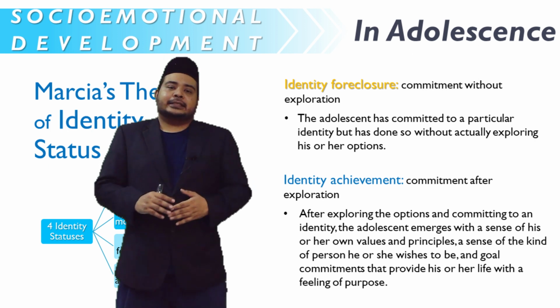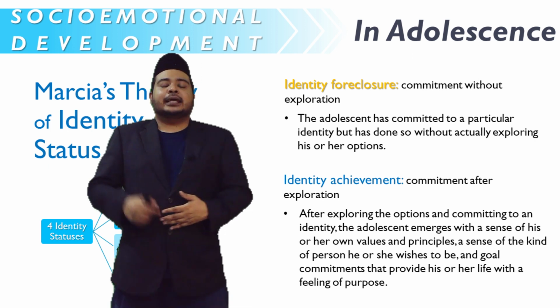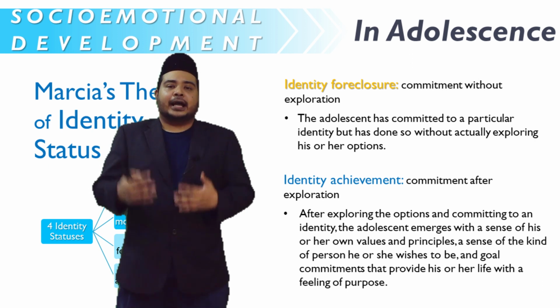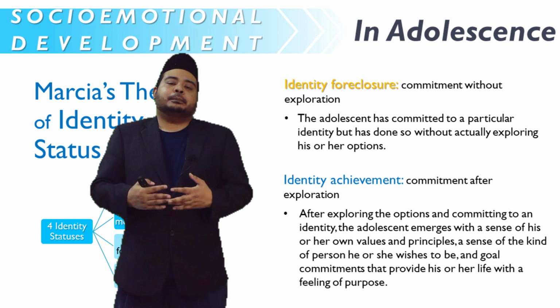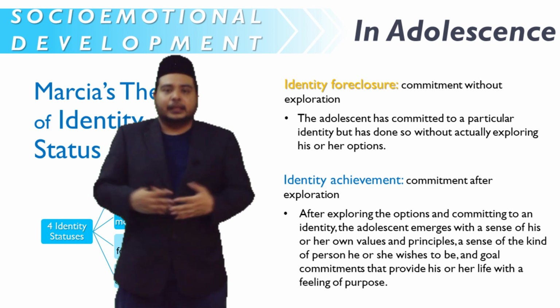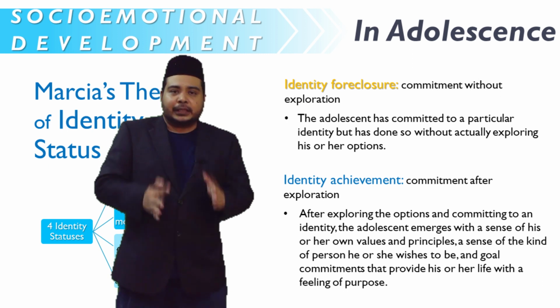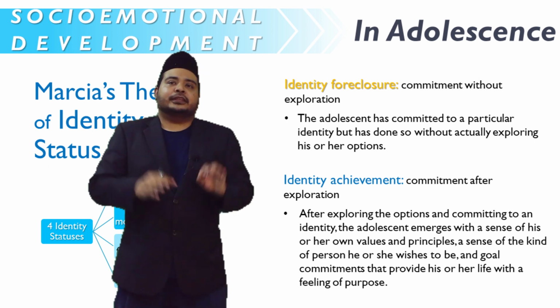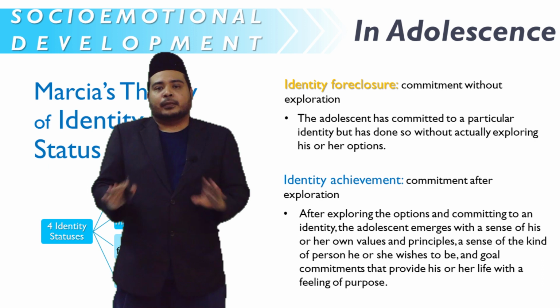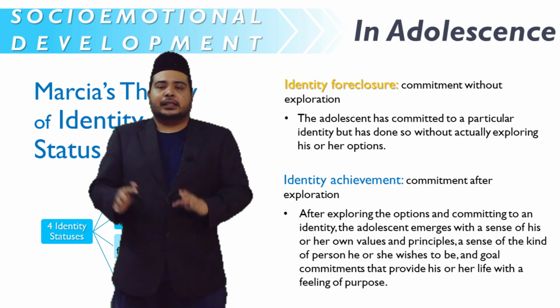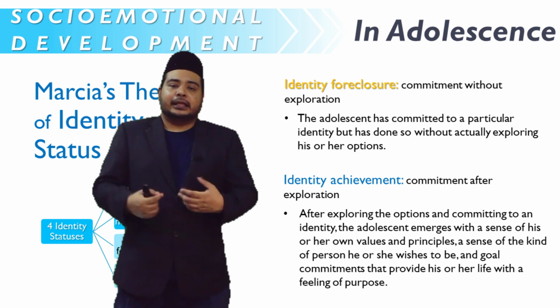And the last identity status introduced by Marcia is identity achievement. This is the highest status, whereby people have decided on their identity and are committed to it after they have explored all the possible options of identity and career that they can develop.